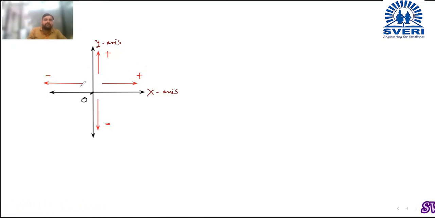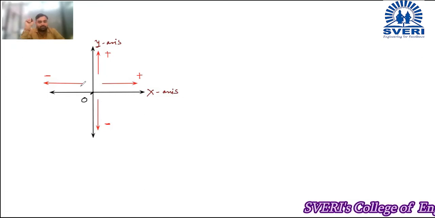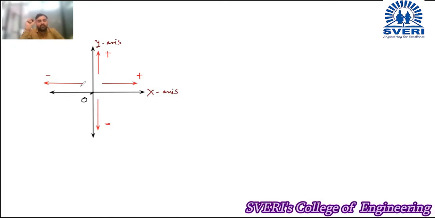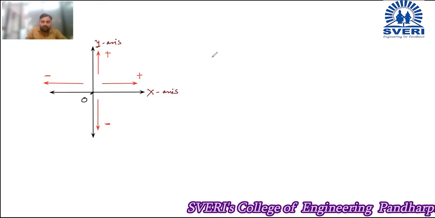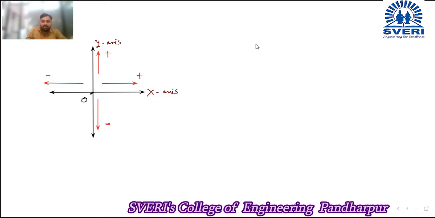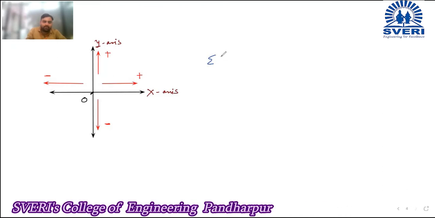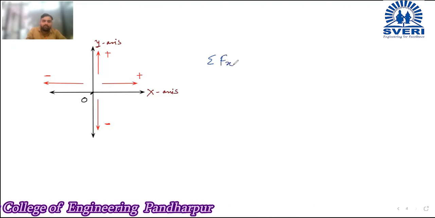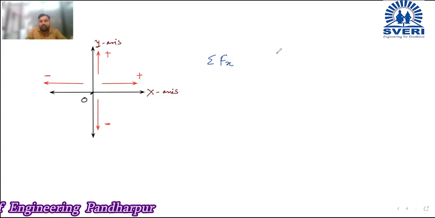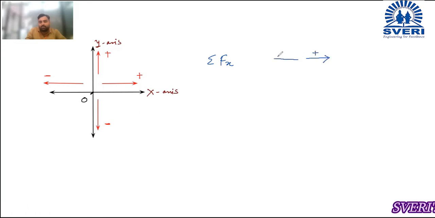Give the heading sign conventions and then draw this diagram. I will write it once again. When you are calculating summation Fx, when your force is moving towards right, it is positive; when your force is moving towards left, it is negative.